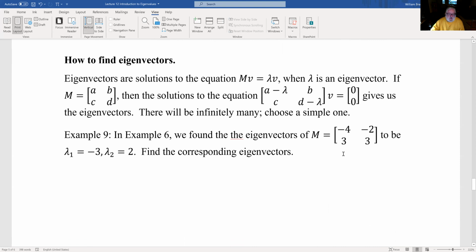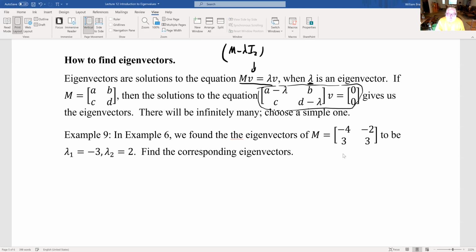So how to find eigenvectors? Eigenvectors are solutions to this equation once we've figured out where lambda is. We are looking for the solution to this equation, right? Mv minus lambda v becomes (M minus lambda I2) v equals 0, and that's what this equation is.